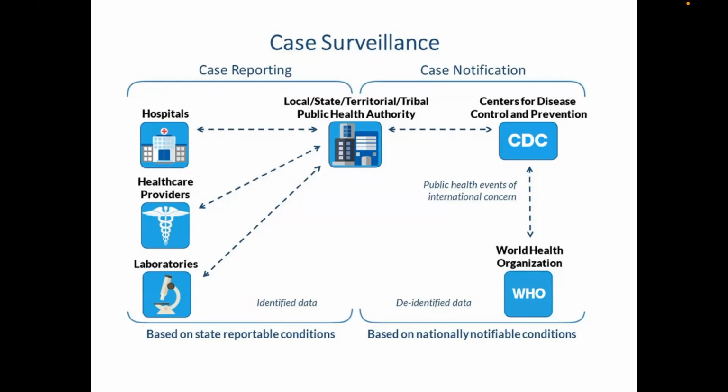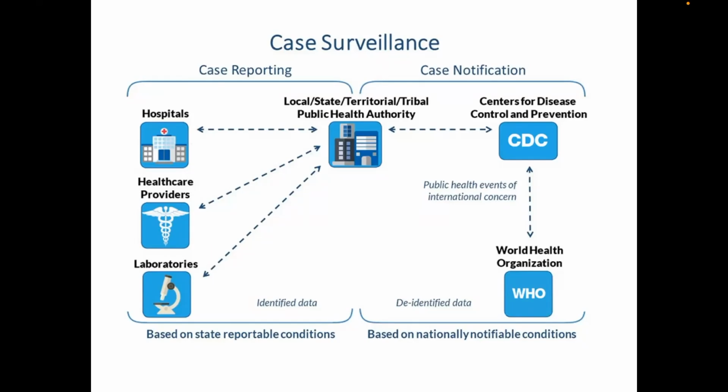Case notification is based on nationally notifiable conditions. So the stakeholders, the hospitals who see and care for the patients, healthcare providers who may see the patient first before they reach the hospital, and laboratories will now communicate this identified data, report these cases to the local, state, tribal, or public health authority.